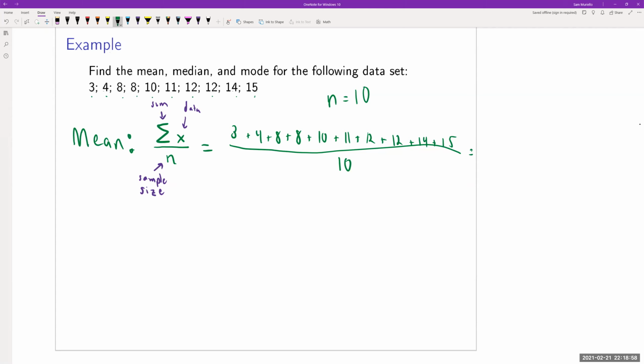In this case, the sum of all of the data values ends up being 97, which, when we divide by 10, gives us 9.7 as the mean. This is the average value for this data set.